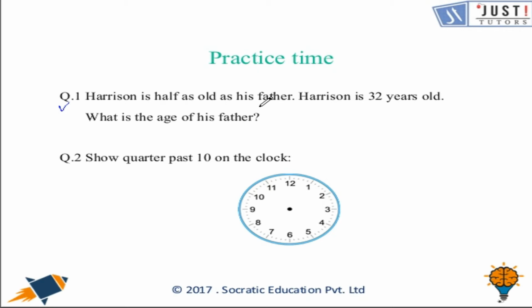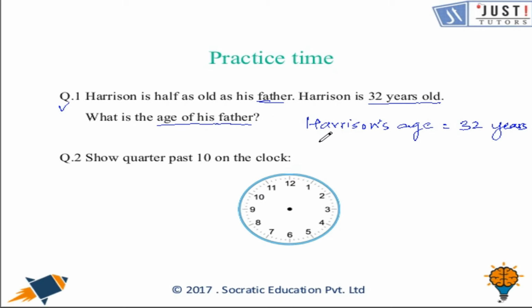Harrison is half as old as his father. Harrison is 32 years old. What is the age of his father? So Harrison's age is 32 years. And it's said here in the question that he is half as old as his father.